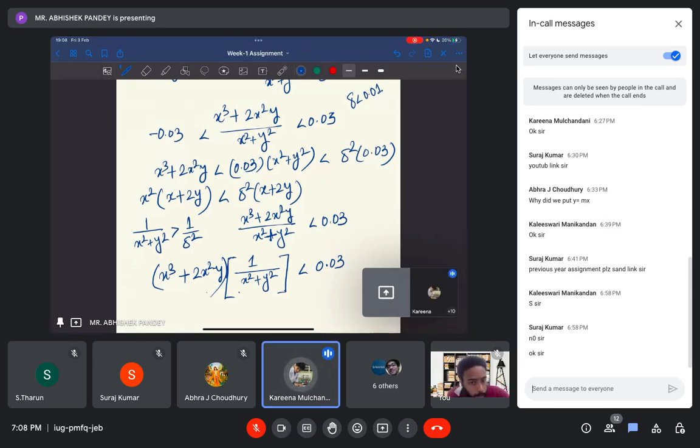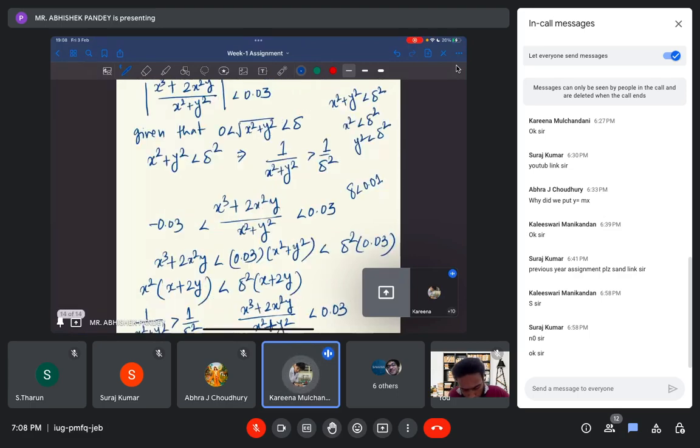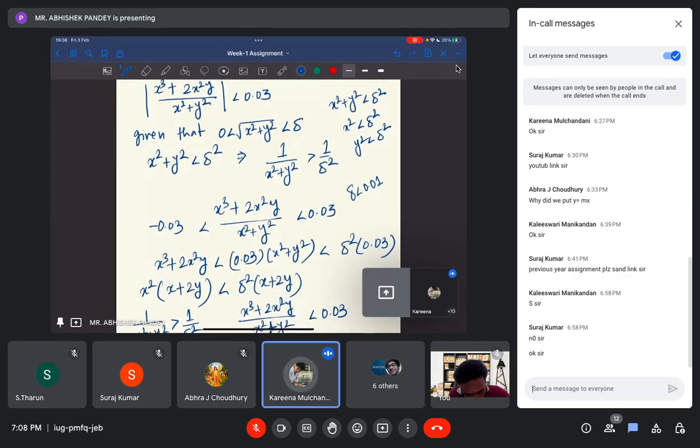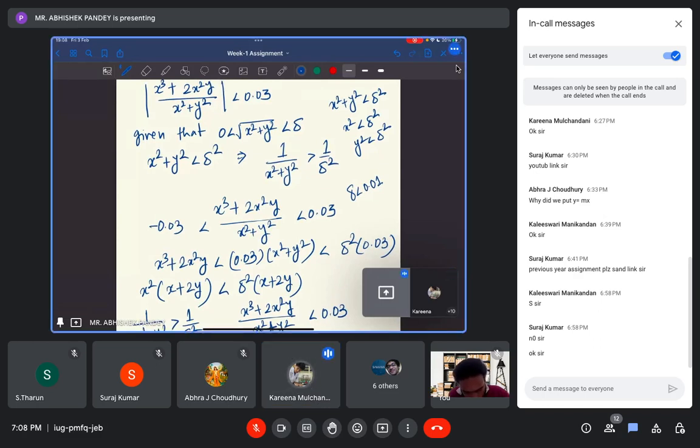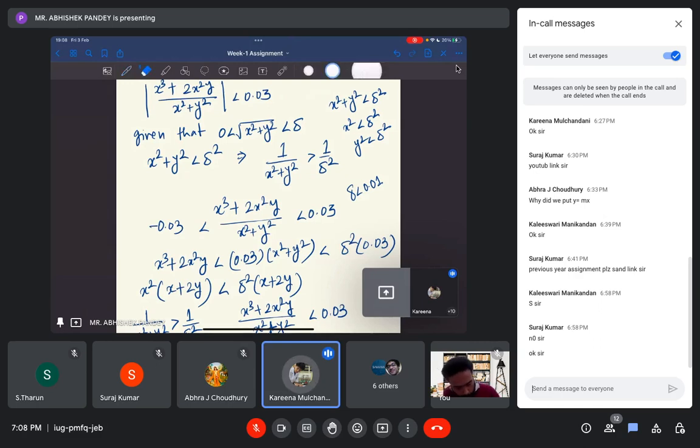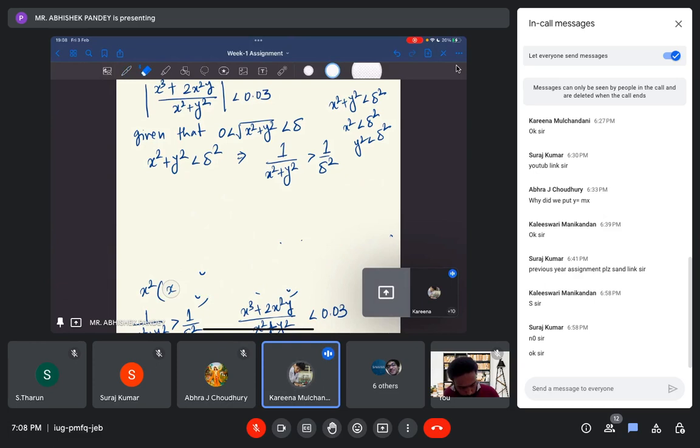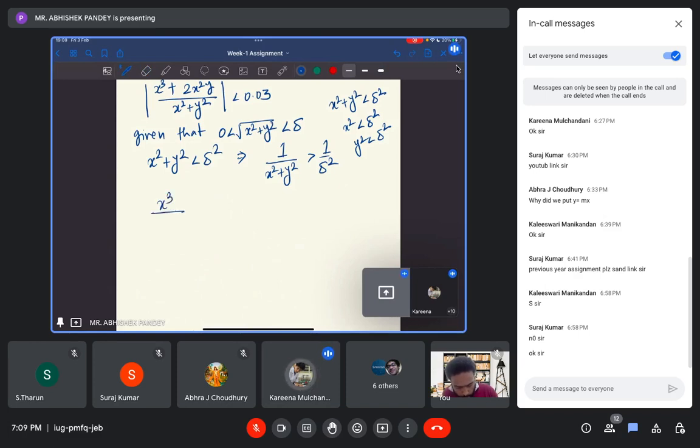Sir, can we do it this way that we put x cube upon x square plus y square, and then we add 2x square y upon x square plus y square?